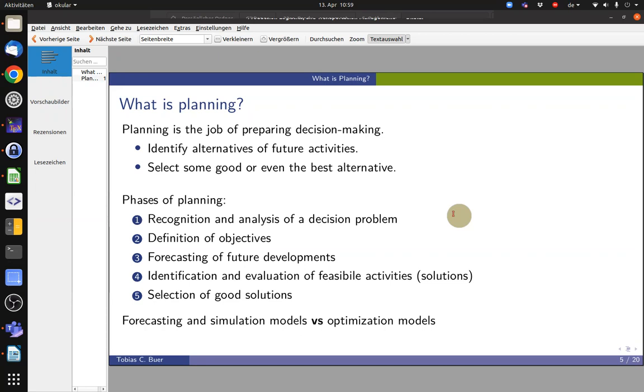In step number 3, we try to develop an understanding of what might happen in the future. What does the future look like? This can be very intuitive, very basic. It's just in my head; I have some idea about what the future looks like. The alternative is to use market research, surveys, questionnaires, expert interviews.